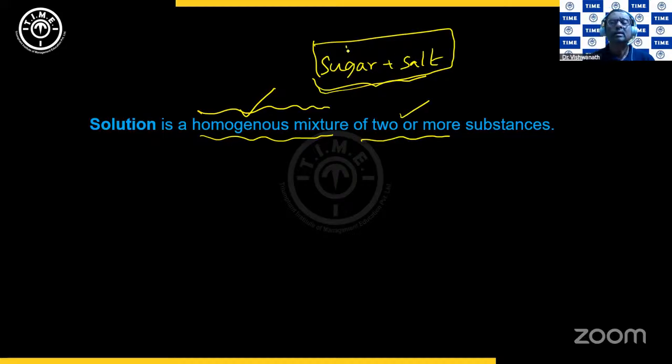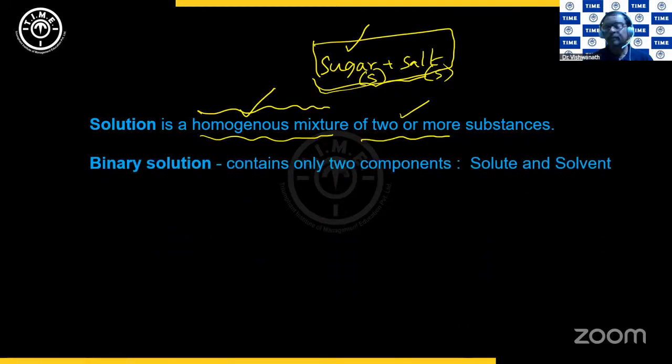So sugar and salt in the solid do not make a homogeneous mixture. So they are heterogeneous. Next, a binary solution is one where you have only two components. The one which is in greater quantity is called the solvent, and the one which is in lesser quantity is the solute.